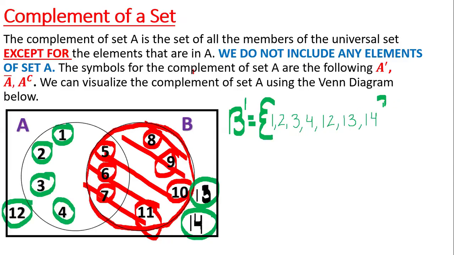And that's going to be like this. All right. So B complement is 1, 2, 3, 4, 12, 13, and 14. Okay. That's B complement.